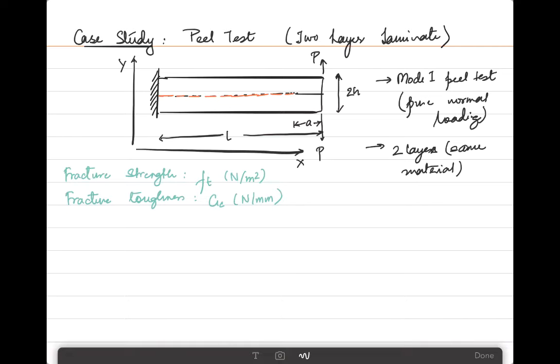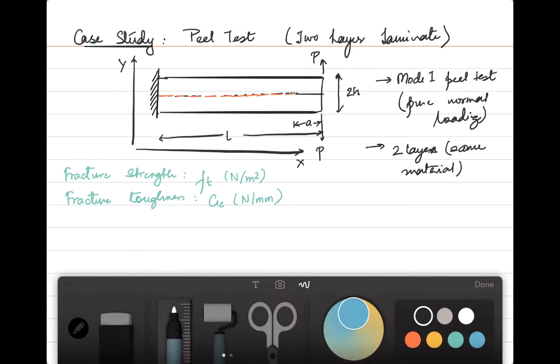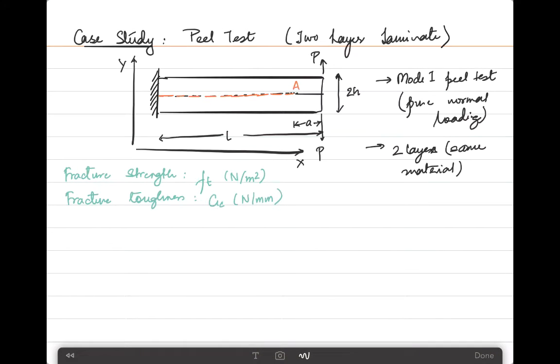Now let's say that the crack tip will appear at a certain location. The crack tip is of course going to occur in the first step at location A over here, which is going to be at the end of the initial crack length, which is already introduced.